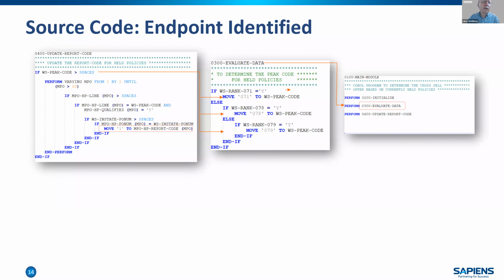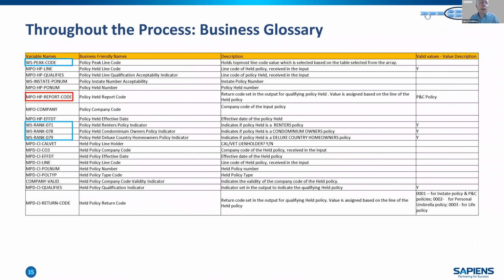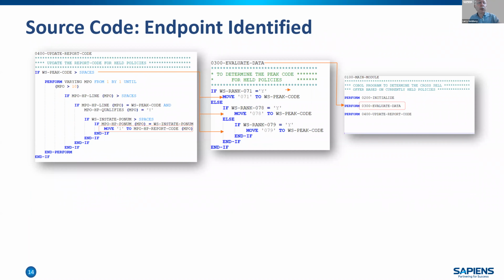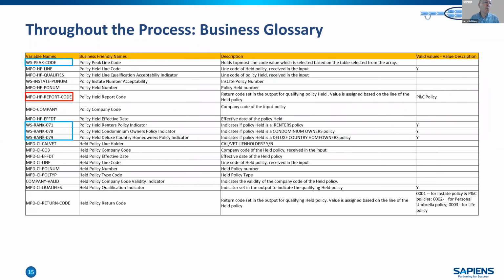You see an if-else statement in the middle, and you'll see a perform to actually output the data on the right. And just before I show you the consequential model from this, I'll show you some of the work we did around the variable names to map them to business-friendly names.